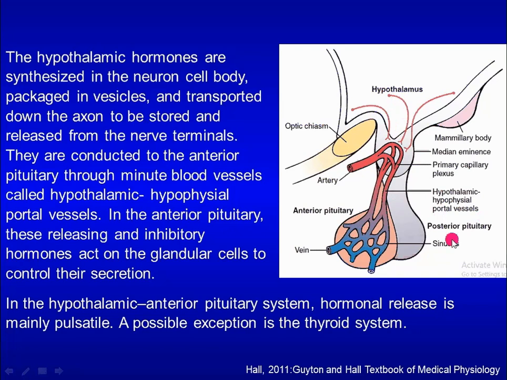In the anterior pituitary, these releasing or inhibitory hormones act on glandular cells to control their secretion. In the hypothalamic anterior pituitary system, except thyroid system, hormonal release is mainly pulsatile.